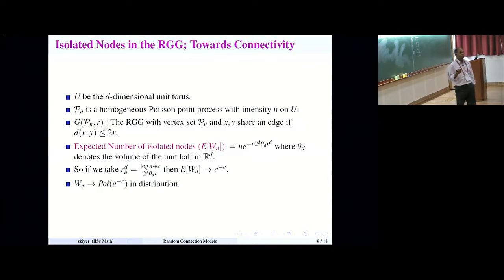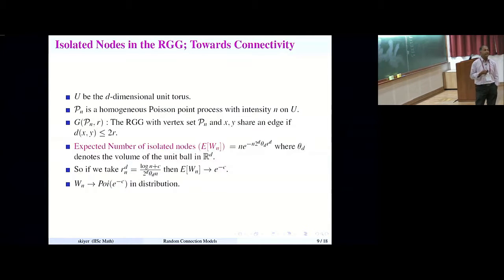Typically the largest of those components would be logarithmic in size. So now if you want the graph to be fully connected, it makes sense to slightly change the setting. And these are kind of equivalent. This is called a dense network.